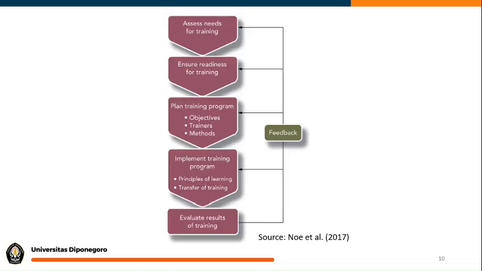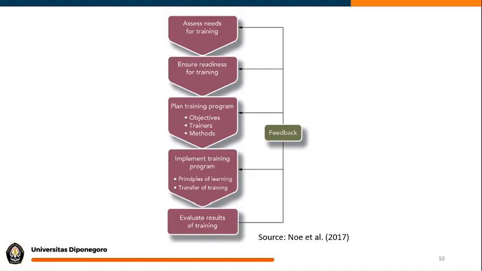So as you can see here in this figure, in designing training, the first stage you need to do is conducting a needs assessment. So you need to figure out what kind of training your employees need to have. And then the next stage is to make sure that your employee is ready to do the training.